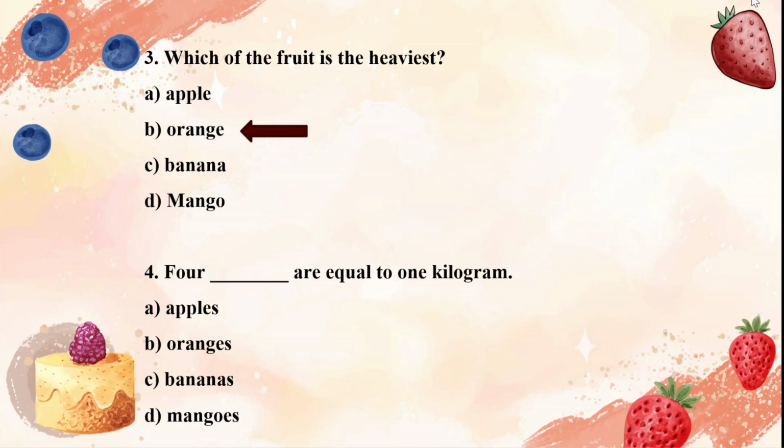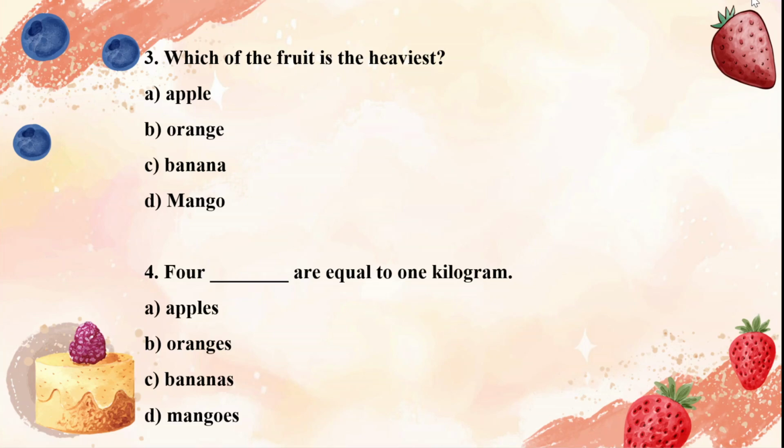Okay, then the next question is, 4 dash are equal to 1 kilogram. So we know that there will be 1000 grams in a kilogram. So the 4, already the quantity is given. So we have to multiply that value by 4 to get 1000 grams, isn't it?